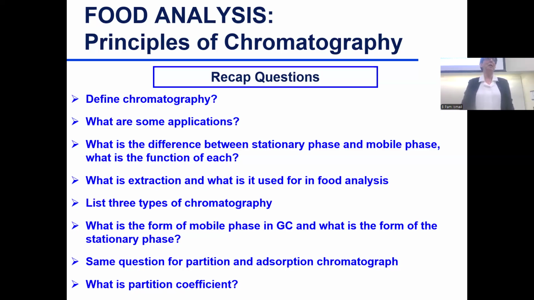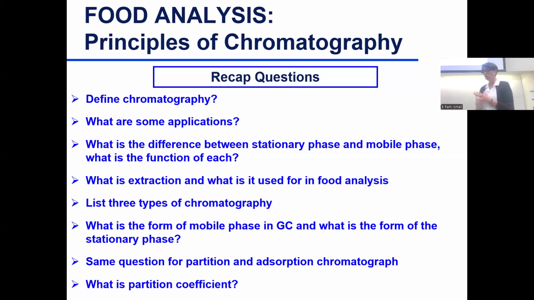What are some applications that you can think of? Emma? Flavor. And what type of chromatography would you use for flavor? Gas. Gas chromatography. Very good. What else? We talked about anything and everything. Remember? You can do protein analysis. You can do fatty acid composition, which you will do in lab next week.